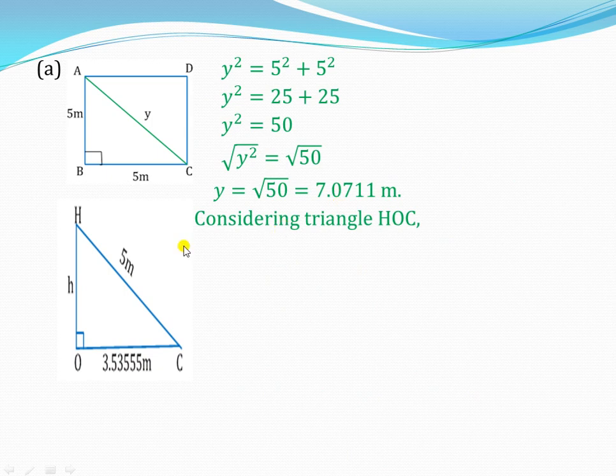Then remember, your HC is one of the slant edges, and so it has its length given as 5 meters in the question. Remember, all the slant edges have equal length. So now that I have this triangle, I can simply use Pythagoras Theorem to look for the value of h.